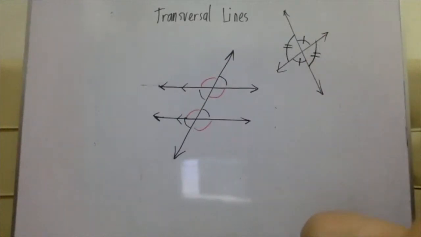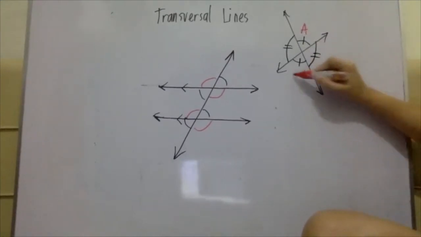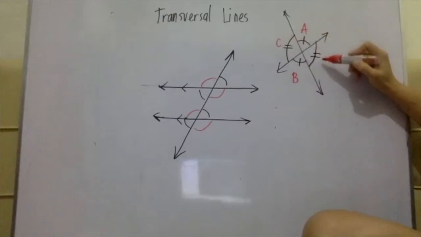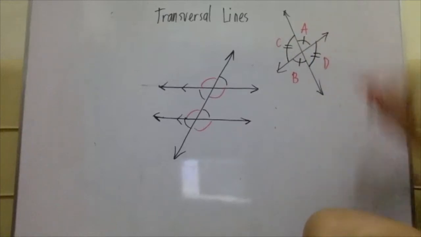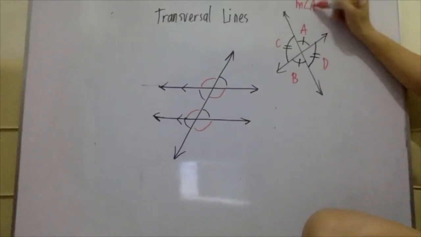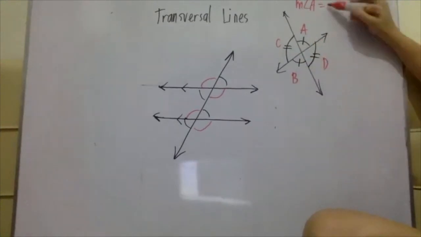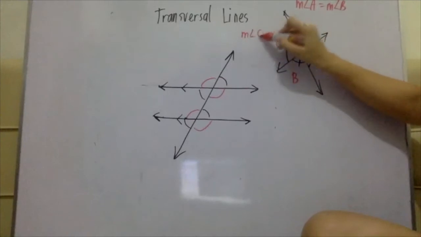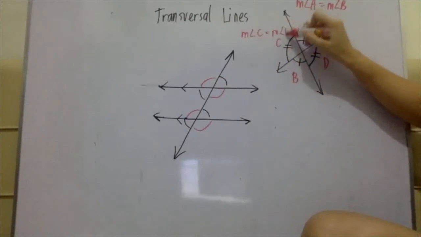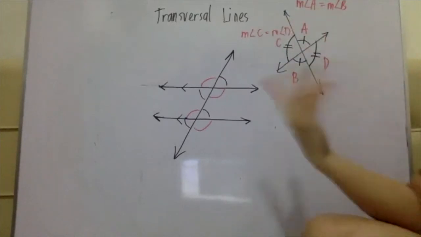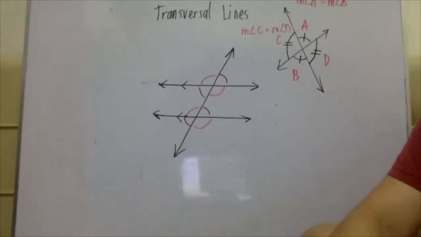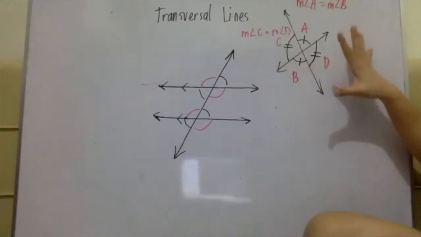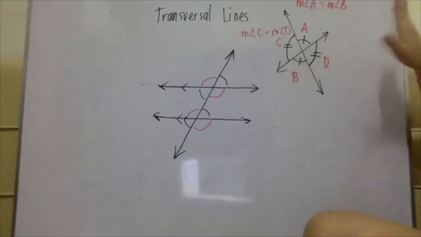So, if this is, let's say, A, B, C, and D, measure of angle A is equal to measure of angle B. Ito naman, measure of angle C is equal to measure of angle D. Okay, so very important to na concept kasi paulit-ulit lang. Yung concept na to is galing lang din dito.